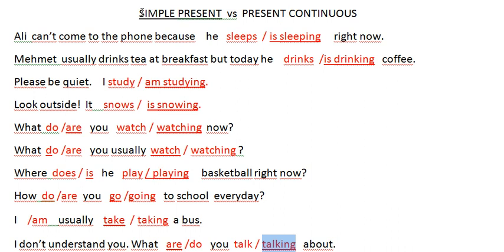So for simple present, we talk about general themes, general things, or our daily activities, habits, and in simple present we use the base verb, and the helping verbs are do and does.